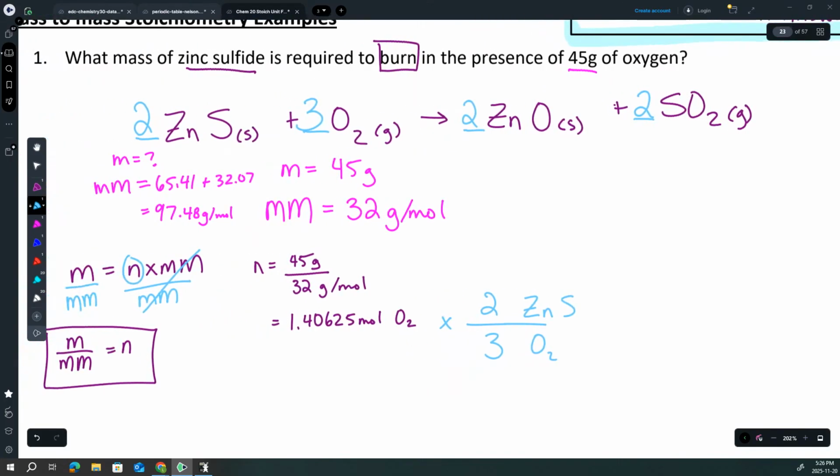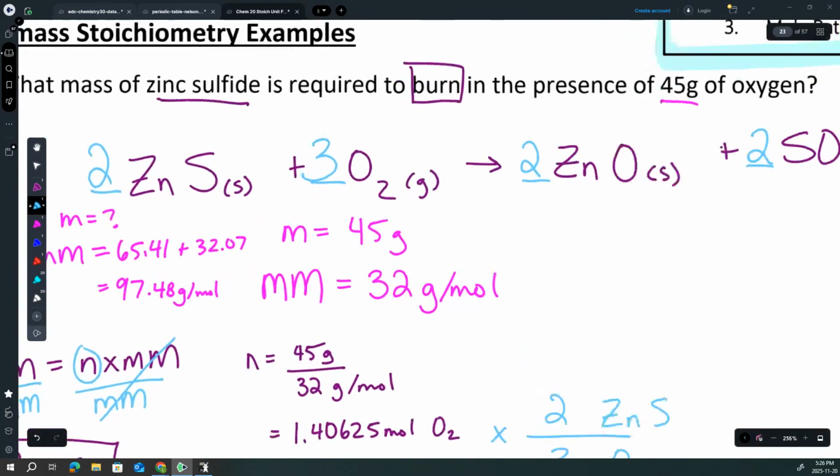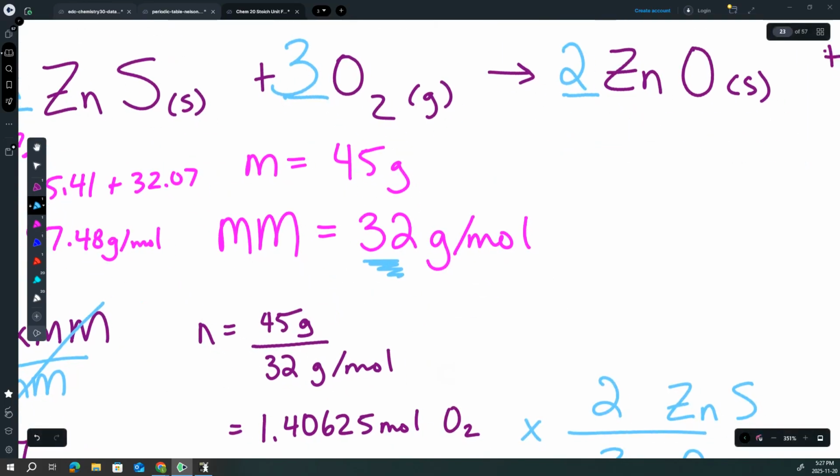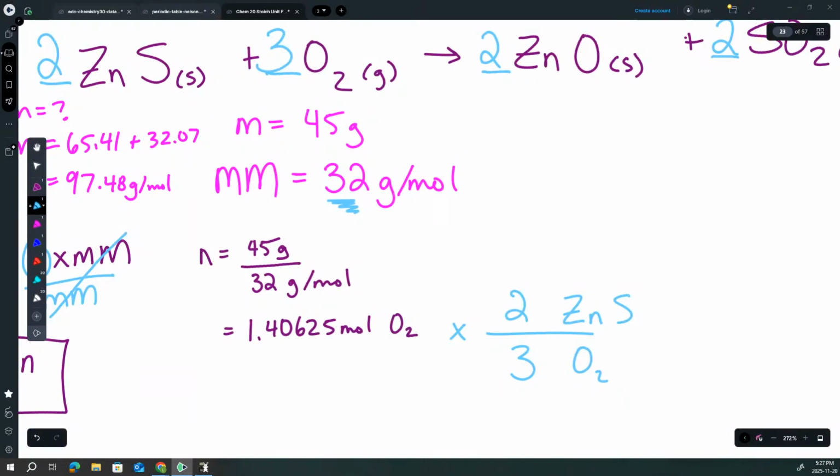Another thing I want you to pay attention to is that when I was calculating my molar mass, I did not take the coefficient into account. I just counted 2 atoms of oxygen because the 2 came from the subscript. I did not worry about the coefficient when figuring out the molar mass, because I knew I was going to take the coefficient into account in the mole ratio.